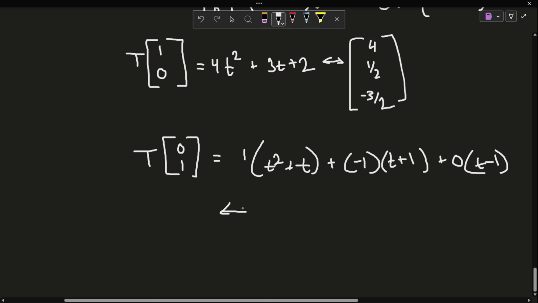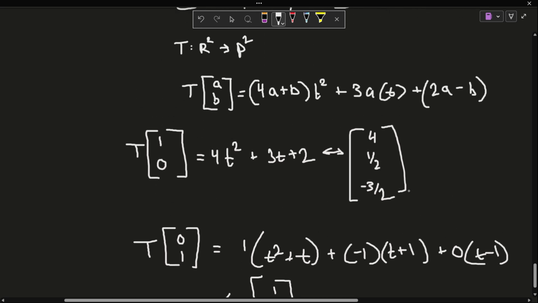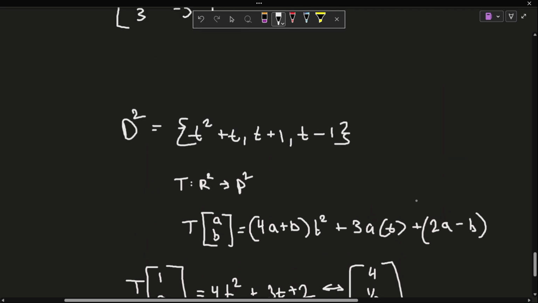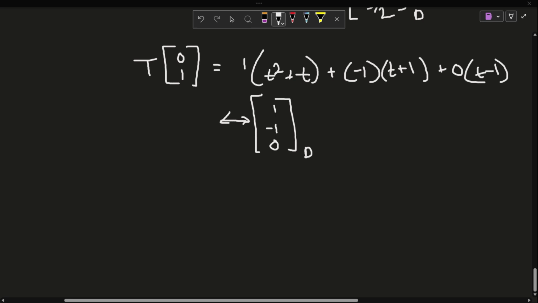What that is going to give us is 1, minus 1, 0. One thing we need to note is that this is with respect to d, so make sure to put d here.